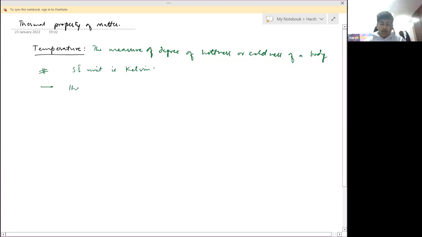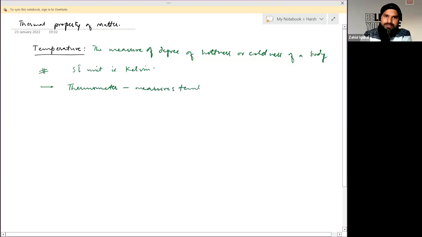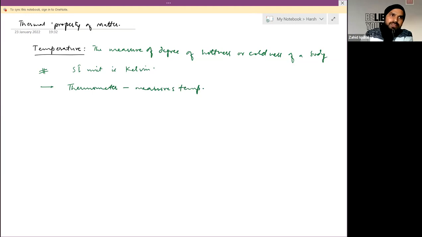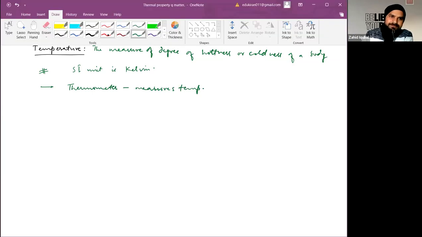A thermometer measures temperature. Mainly, we have two different types of thermometer.